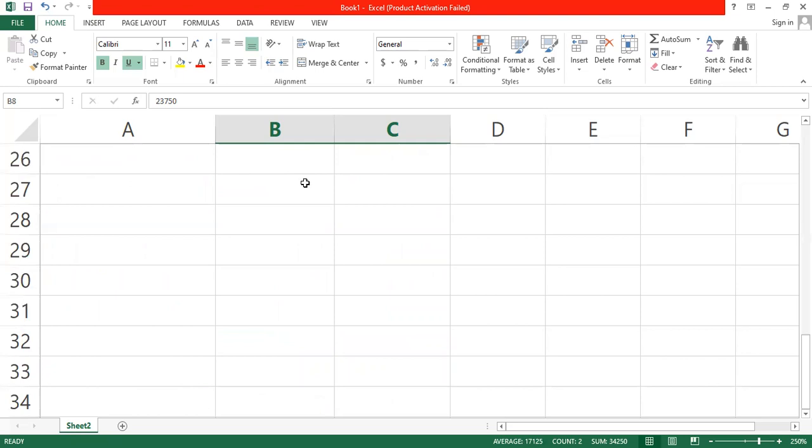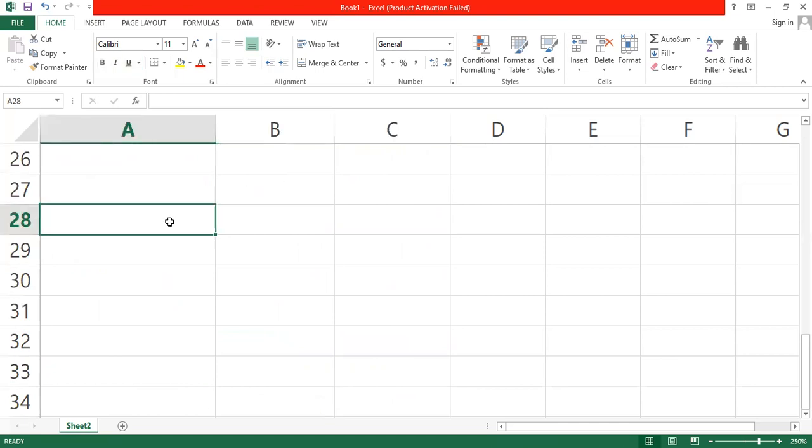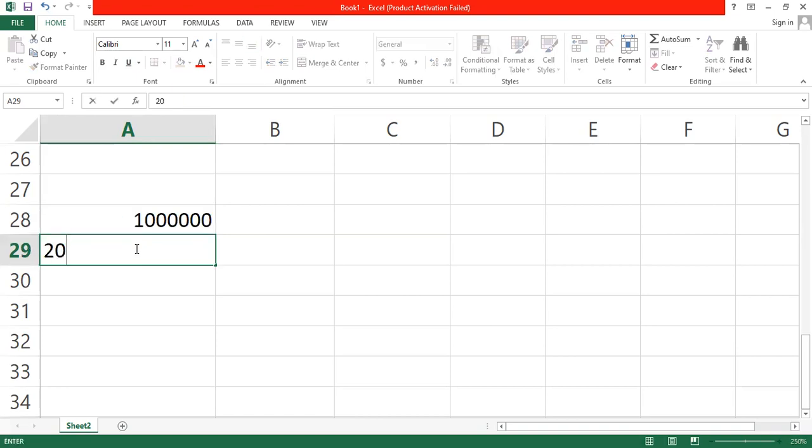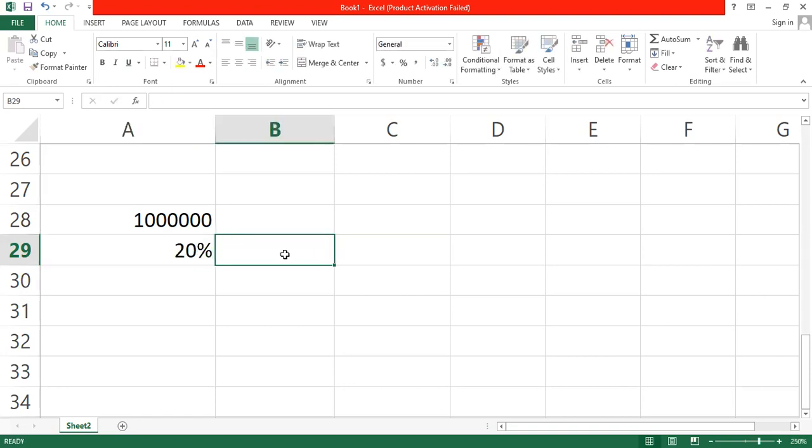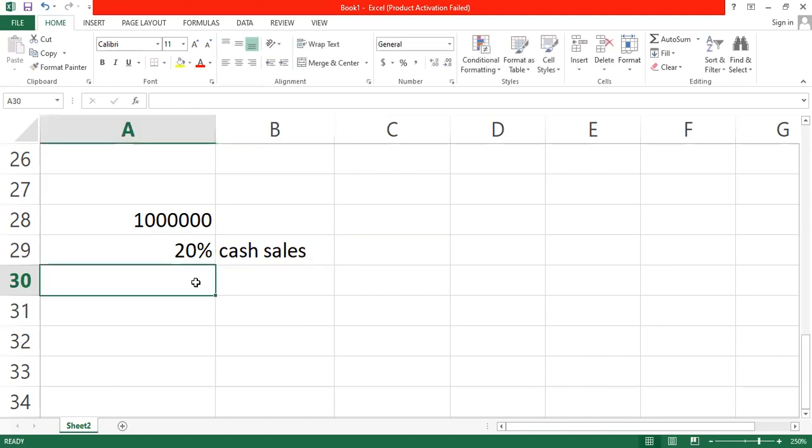How do we pay our creditors? That is where the problem is. Sometimes the question can tell you that there were sales of 1 million. 20% of this were cash sales. It means that 80% will be for what?